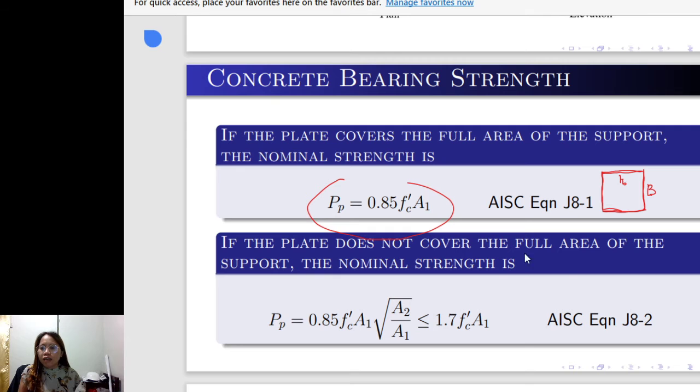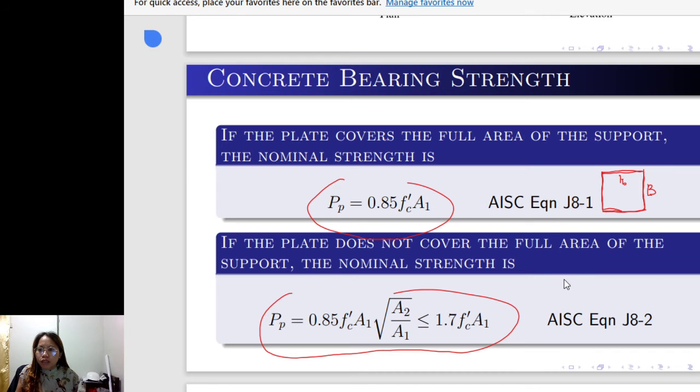If the plate does not cover the full area of the support, the nominal strength is this equation: 0.85 FC prime A1, where A1 is the area of the plate, times the square root of the area of the support over the area of the plate, less than or equal to 1.7 FC prime times the area of the plate.